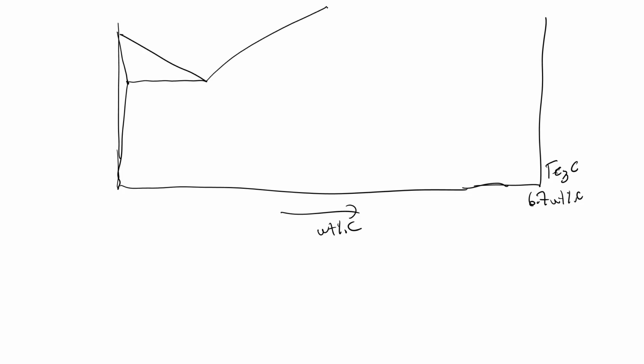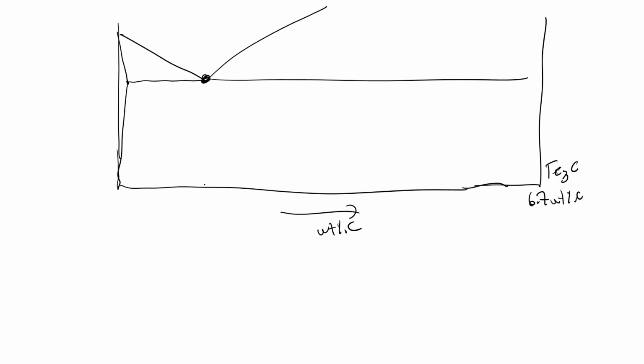So I'm going to go to the next page and draw this section of the phase diagram that we're interested in, over here to Fe3C on this side, which is at 6.7 weight percent carbon, with weight percent carbon on the bottom. And then we've got this very thin region over here. This is really the region that we're interested in right here.